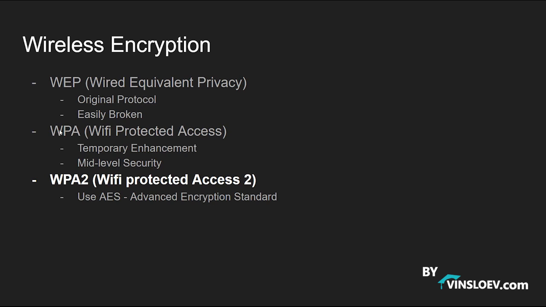Then we have the WPA, which is Wi-Fi Protected Access. That was a temporary enhancement of the original protocol, and it provided some more security, but again it has inherited some of the security flaws that were in the original protocol, and this is now also something that I don't recommend you to use.